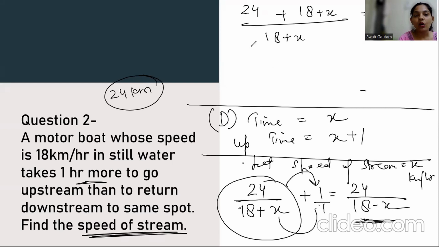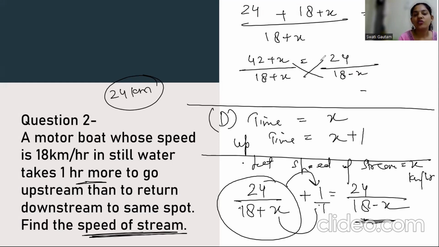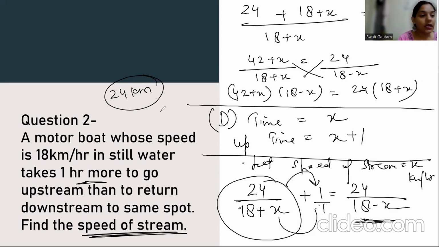Now 24 plus 18 is 42, so 42 plus x over 18 plus x is equal to 24 over 18 minus x. Now we just have to cross multiply: 42 plus x times 18 minus x is equal to 24 times 18 plus x, right?